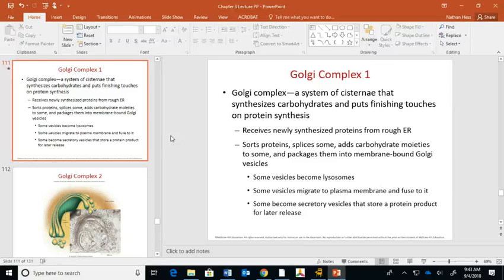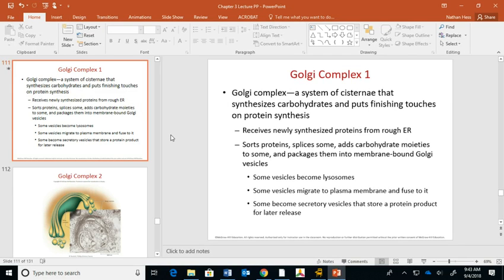And number two, it's involved in carbohydrate and glycoprotein synthesis. So it helps break down carbohydrates, making more complex carbohydrates from some of the glucose or some of the pieces that are present there, as well as glycoproteins. These are the combination of sugars and proteins together.